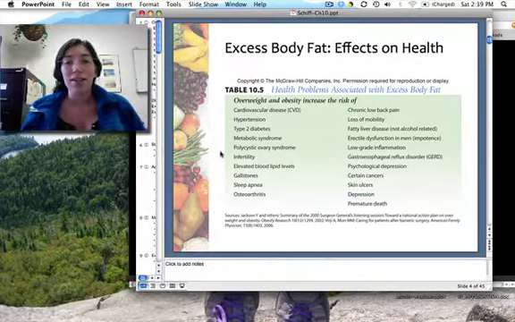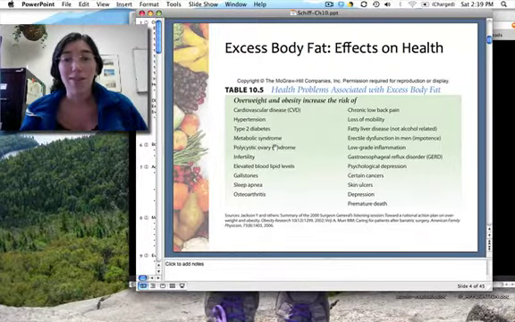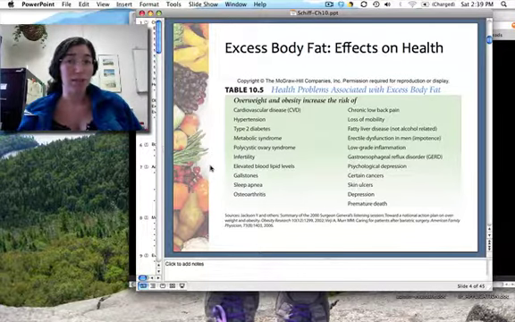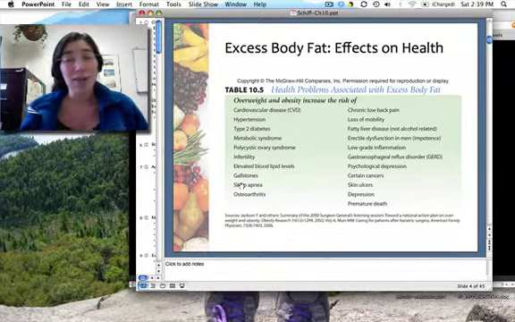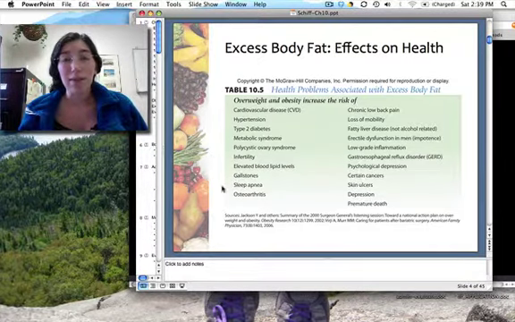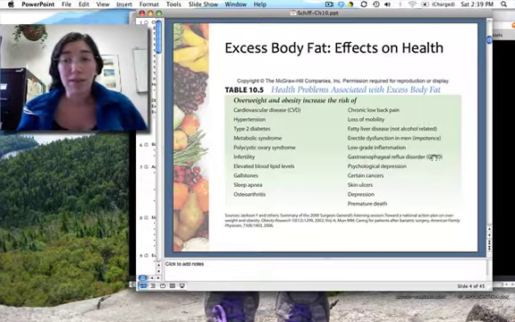some other health risks of people who are overweight or obese: polycystic ovary syndrome, which messes with fertility in females, and menstrual regularity; gallstones; sleep apnea is very common in people who are overweight and obese; gastroesophageal reflux disorder, GERD.